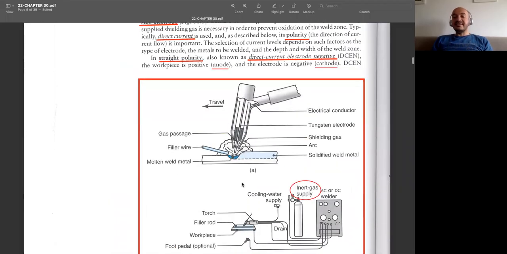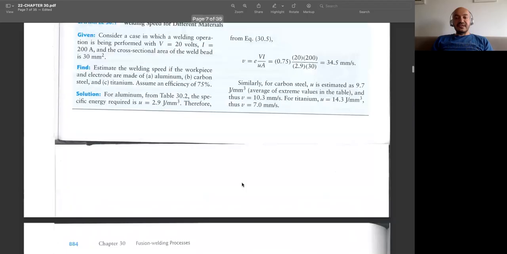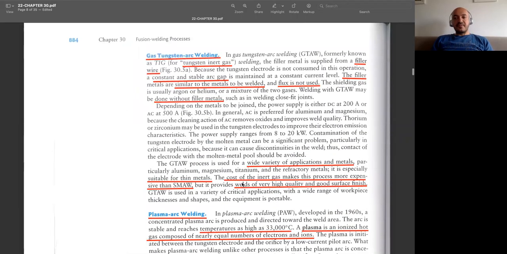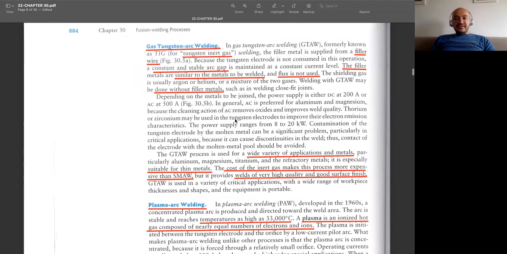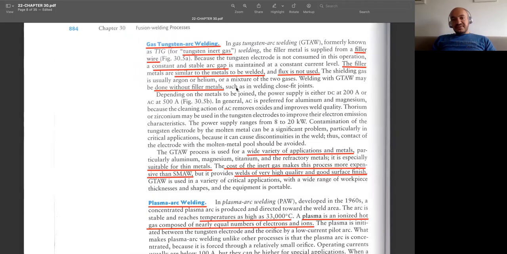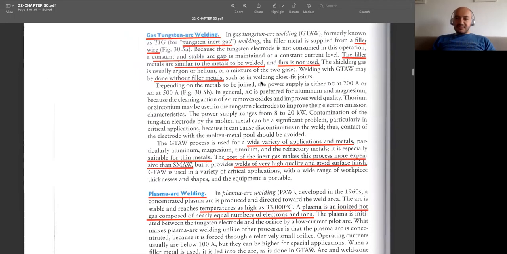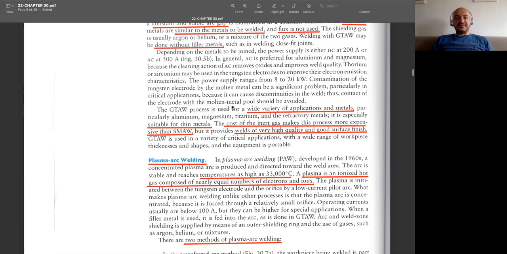Slag is not generated in this tungsten inert gas welding. We may also do this process without using any filler metal, obviously, but as I mentioned many times, the gap between these parts should be very low. If the gap is larger, then for sure you need to use filler metal.